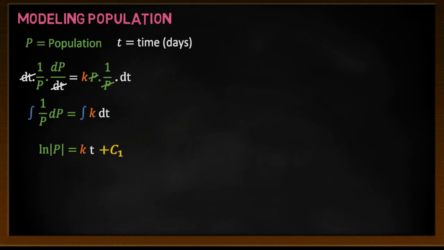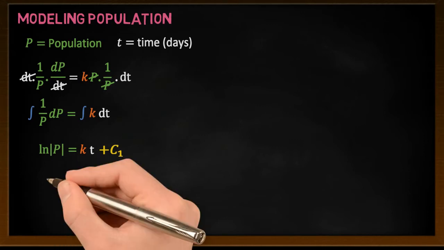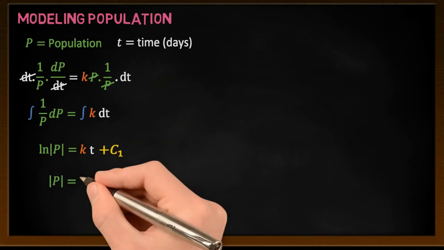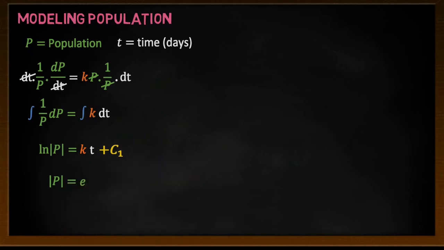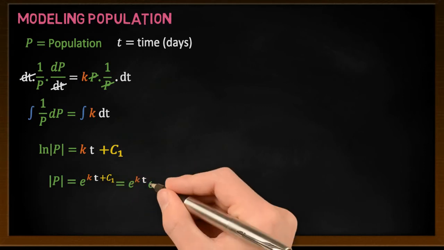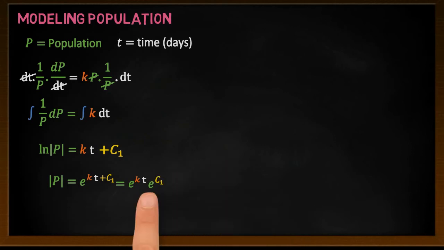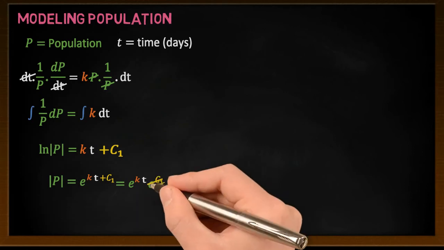Now, how can I solve for p? Well, the natural log of the absolute value of p is equal to this thing right over here. That means that the absolute value of p is equal to e to all of this business, e to the kt plus c1. Now this is the same thing as e to the kt times e to the c1. This is just e to some constant, so we could just call this constant c.